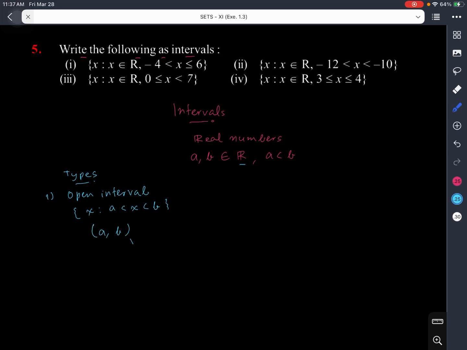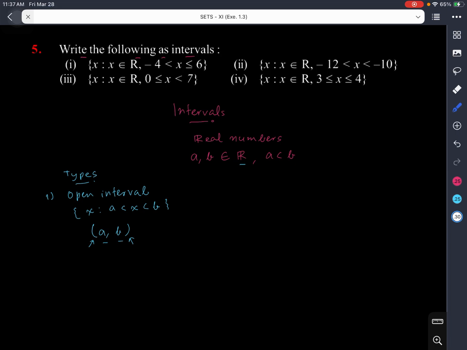Note that the interval is dependent upon the style of brackets. Here in this case, we'll be using parentheses. These parentheses show that this set includes all values between a and b, whereas a and b are not included.